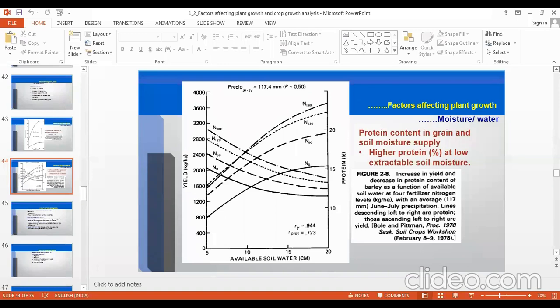MP wheat requires less water. They have some varieties which require less water, and their growth is also not that big, like the growth we get in high-yielding varieties under irrigated conditions. So it holds true in case of wheat. In case of barley, at least, this is true. The protein content increases as you decrease the water supply.